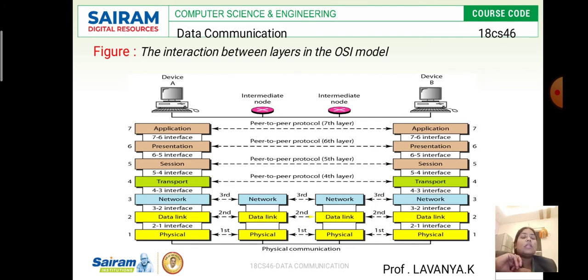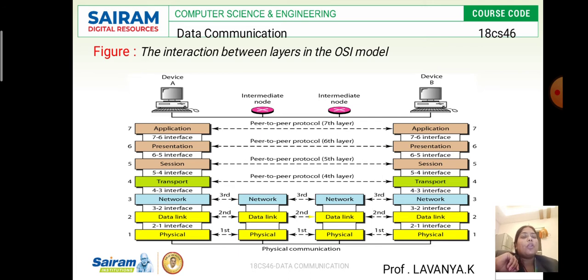Then the fifth one is line configuration. Line configuration is one of the responsibilities of the physical layer. It maintains two types of configuration. One is point-to-point configuration. The second one is multi-point configuration.